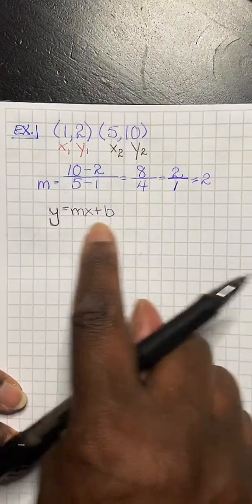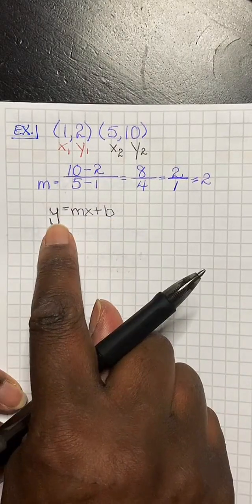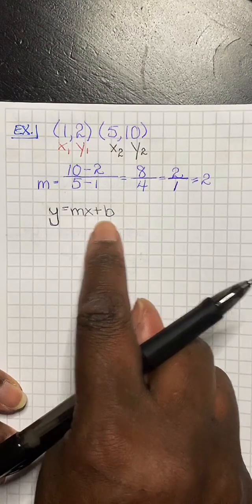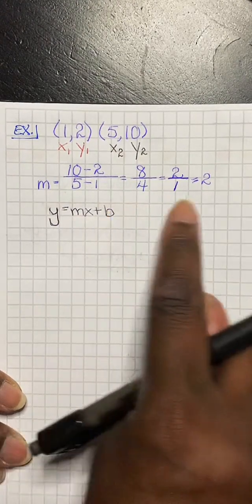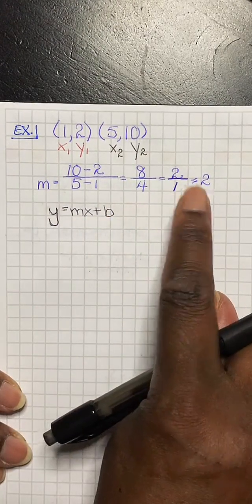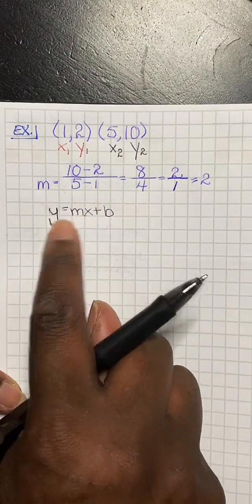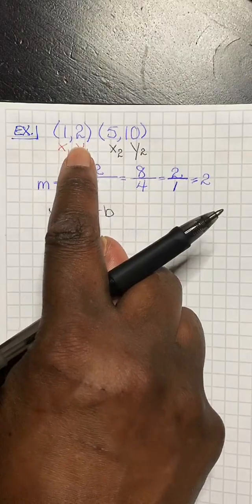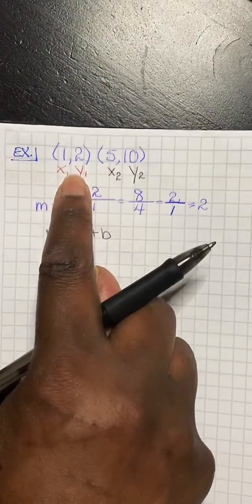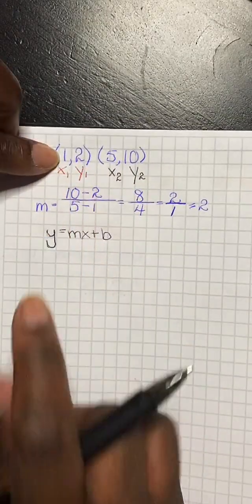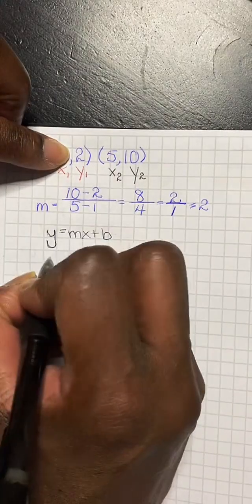So anytime you hear of the equation of the line, you're using this format, y equals mx plus b. Your m is what we found, which is that 2 over 1, or the 2. The y and the x are going to be the coordinates of whichever point you want. So I want this one. My y is going to be the 2.